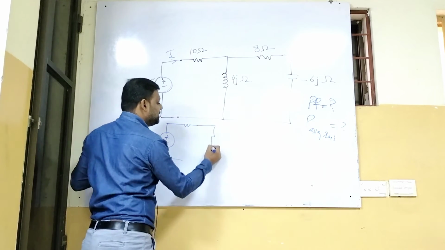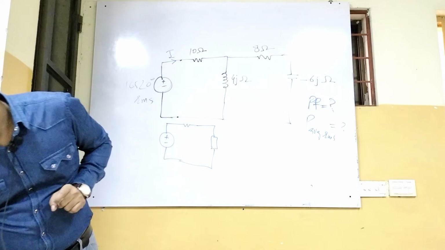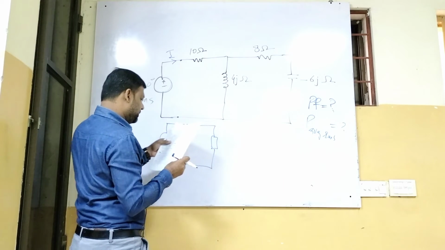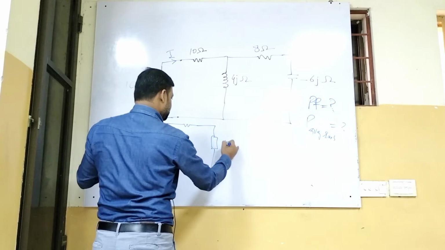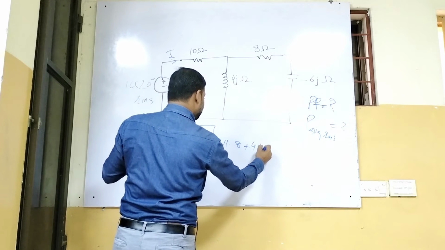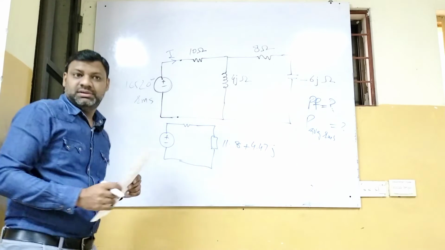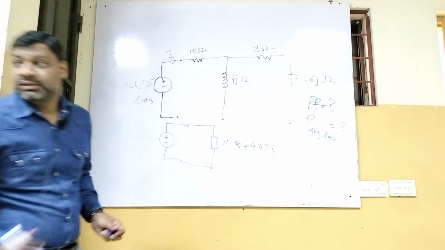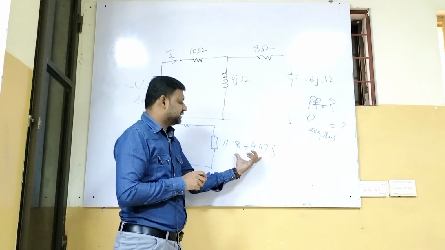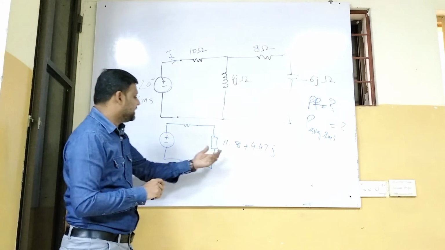So finally we got 11.8 plus 4.47 J. I intentionally wrote the Cartesian one. So this is the equivalent impedance.